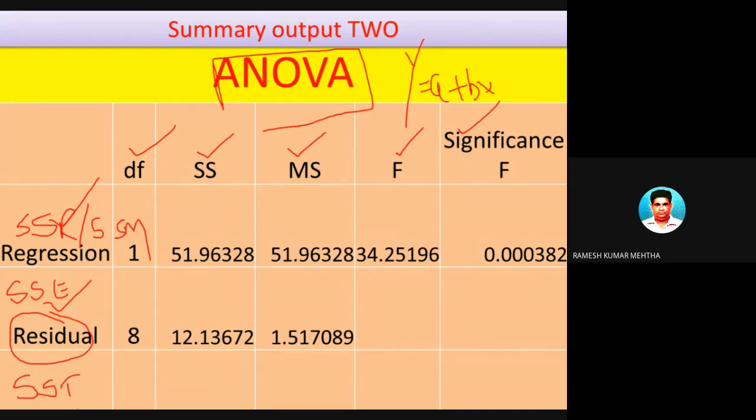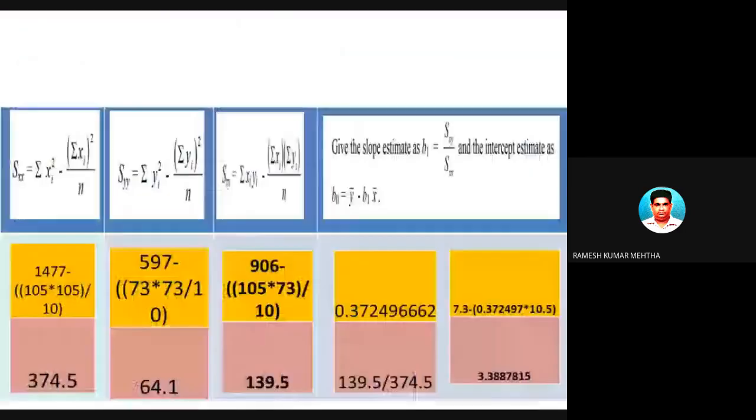So today in this particular session, we are going to find out how we arrived at this value of SSR, sum of squares regression or sum of squares model, and this 12.13, which is called sum of squares error, and we are going to find out this SST, sum of squares total, 64.1. So this particular session is devoted to finding out the values of these particular items. Let's discuss this one in detail.